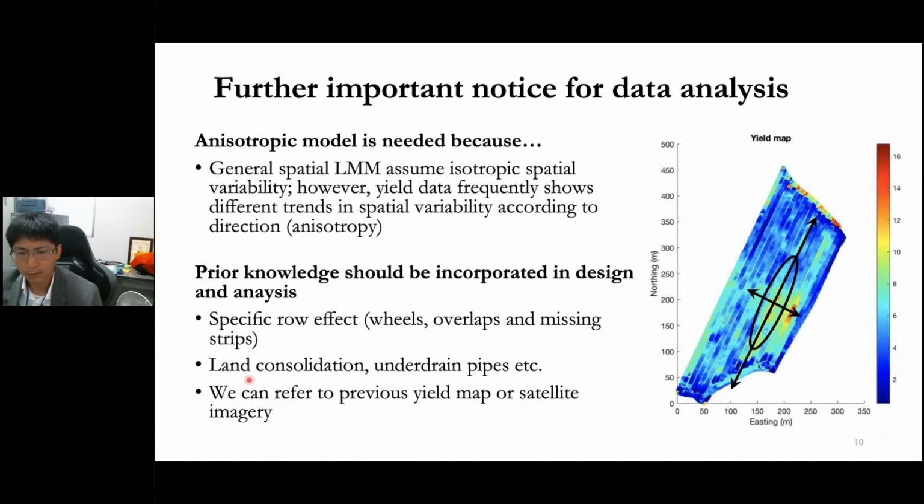So historical yield maps or satellite imagery and field observations are informative to identify such noisy hotspots. Practitioners should avoid using such locations for designing experimental plots or exclude them from the analysis. Or such prior knowledge could be treated as explanatory variables in spatial modeling.